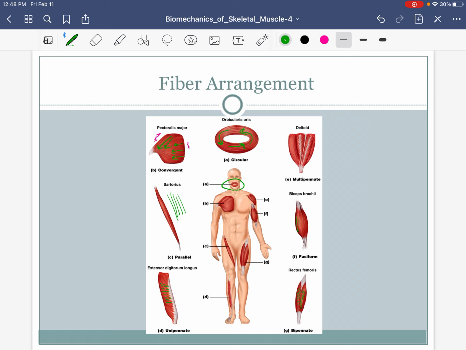Fusiform is kind of a rounder arrangement. So all sorts. If I gave you matching, be able to match the type with the direction of fibers. Be able to give an example of each type of muscle. Of course, multipennate just has many, many diagonals, not just one or two, but many, like the deltoid.